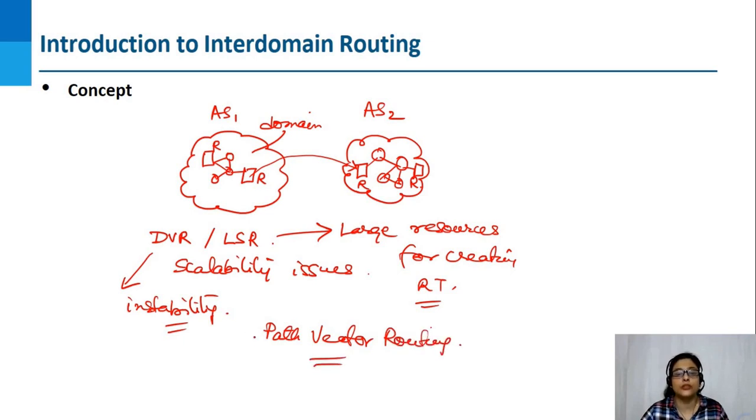This path vector routing is similar to distance vector routing in the sense that the entire path is defined by the speaker node. We will shortly know what a speaker node is for an autonomous system, with the only exception that the metric is not defined.